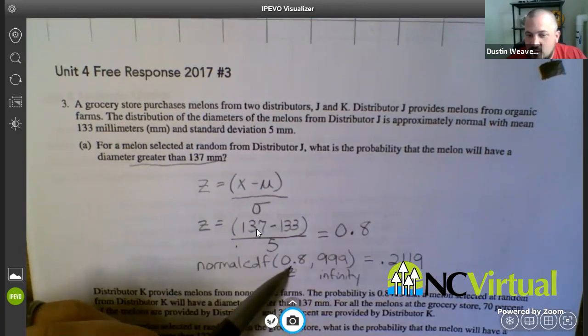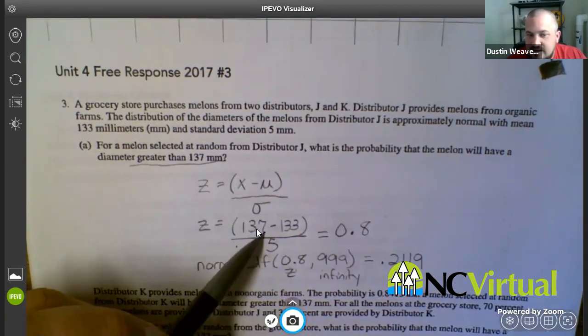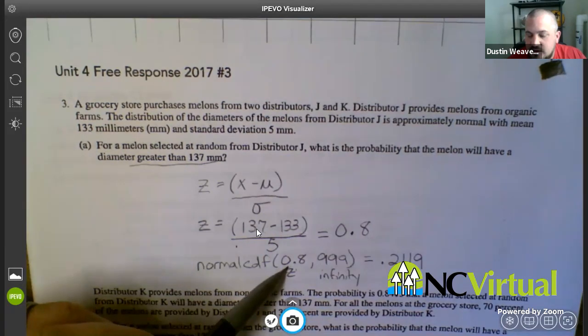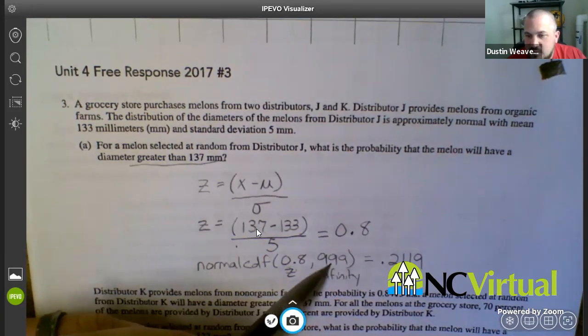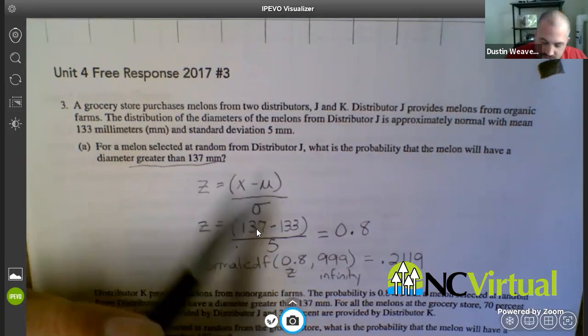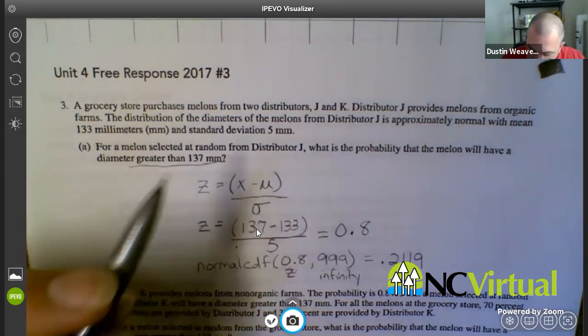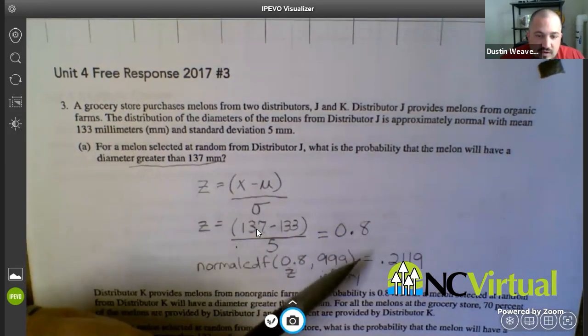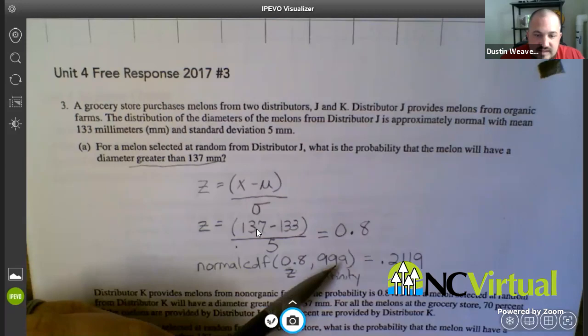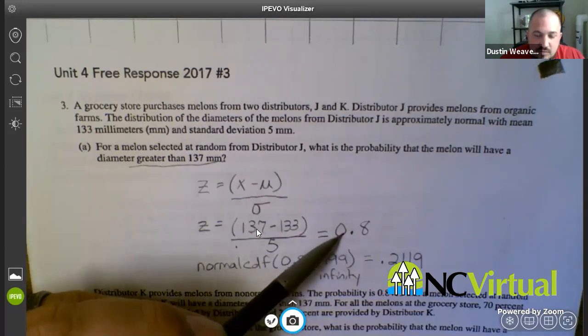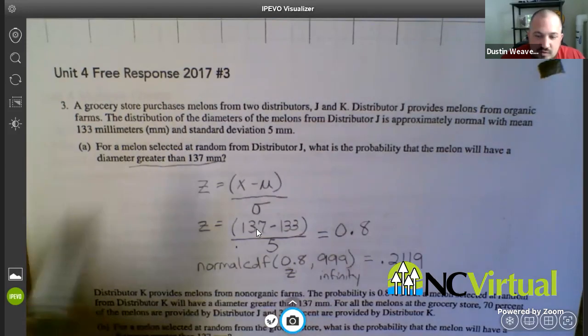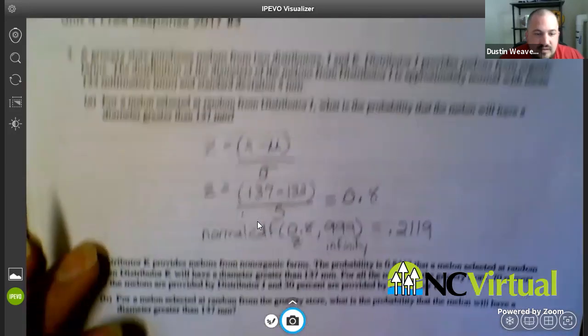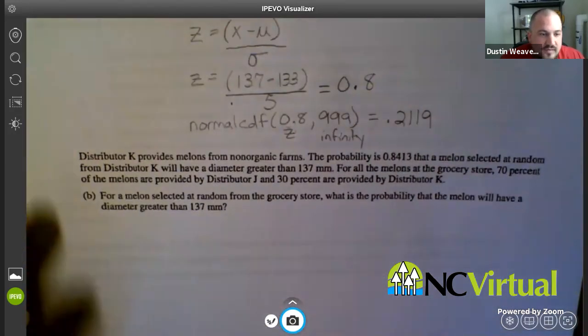So 0.8 is the lowest we want to go, because 137 millimeters is the lowest we want to go. And we want to go all the way to infinity, because we want the probability that it will have a diameter greater than that.